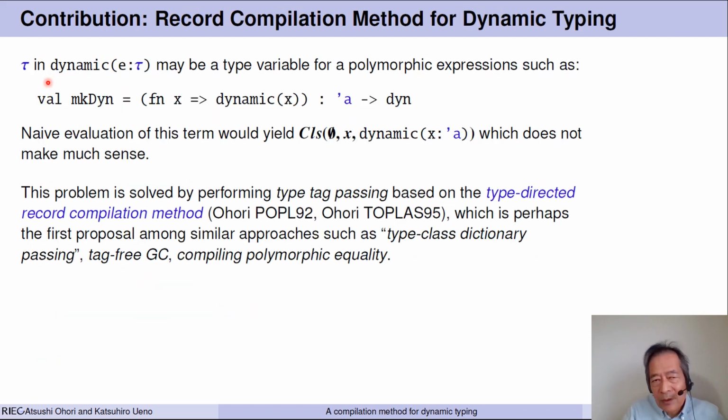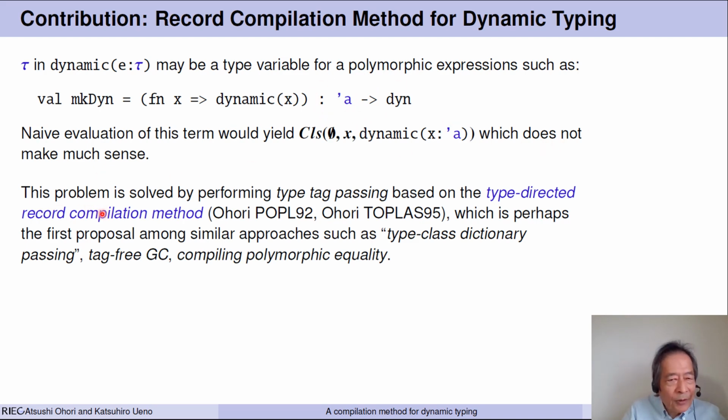The second component is type variables appearing in a polymorphic expression. So type tau in this dynamic expression may be a type variable, of course, for a polymorphic expression like this one. So naive evaluation containing this free type variable doesn't make much sense.